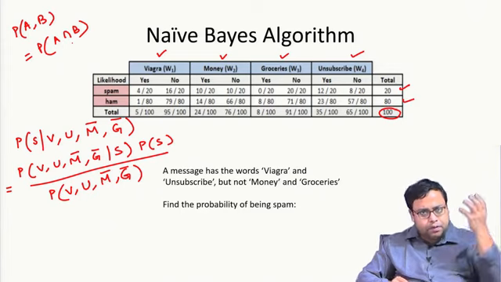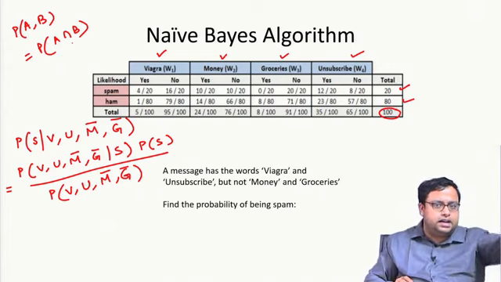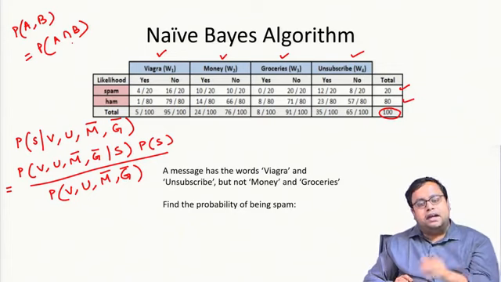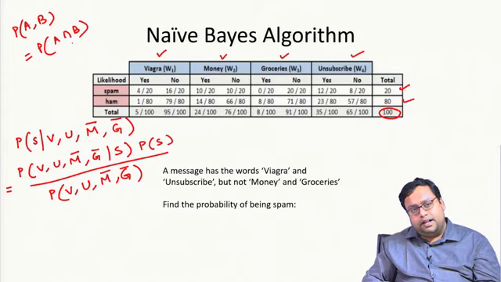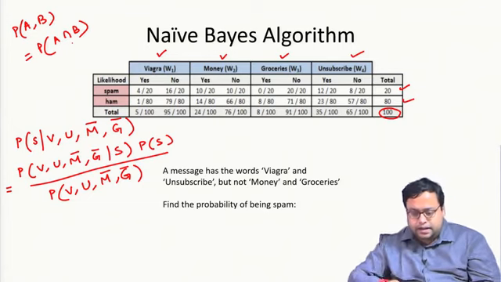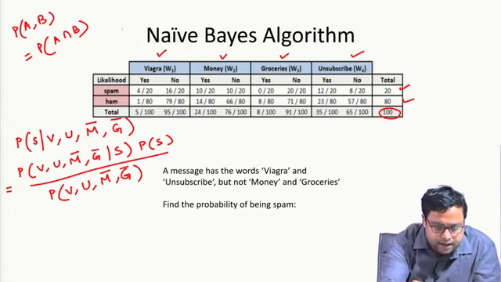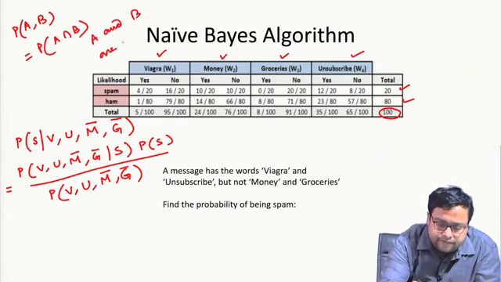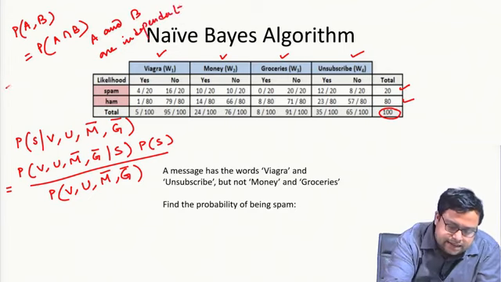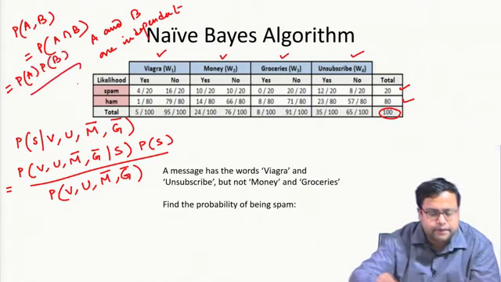The probability of having a grocery related email and having the unsubscribe word written there might be very high. So, they might be related, but for our simplicity, we are assuming that these words are unrelated. Now, if A and B are independent, then P of A and B is equal to P of A into P of B, if you remember that formula.